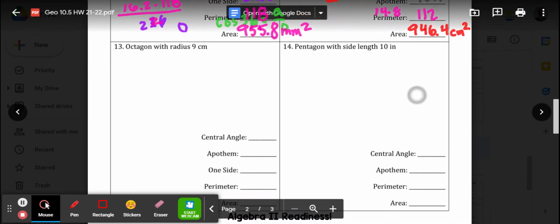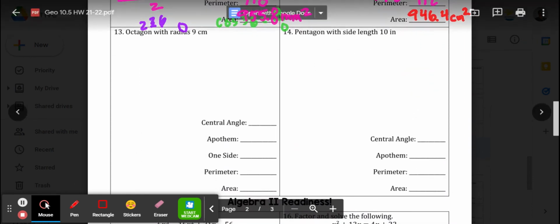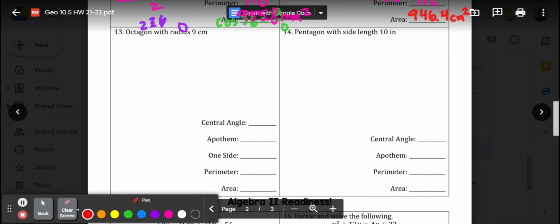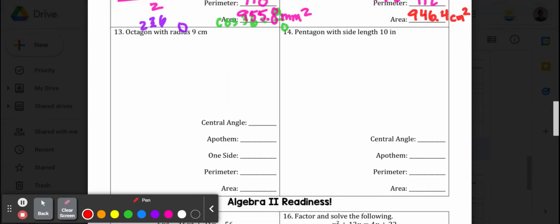Okay, here we go. Last two. So this one's going to take a little longer on the left. This one will be a lot faster, so we'll do this one first. Octagon. I'm going to just go ahead and show you that the radius is always the hypotenuse. So that's 9, which is unfortunate because that means that I don't know my apothem, and I also don't know my side.